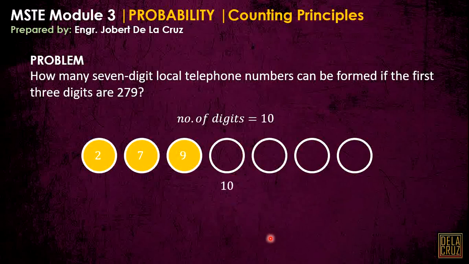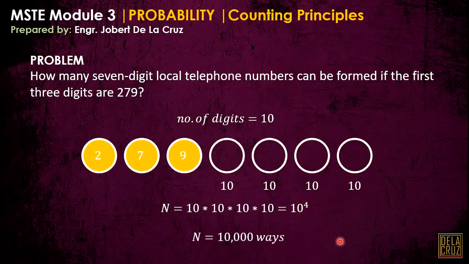In this next position, the number of possible ways should still be 10, because the problem does not specify that the numbers cannot be repeated. So from 0 until 9, that is still 10 possible choices. Our total number of possible ways is to multiply all of these, or 10 raised to 4, and that is 10,000 ways.